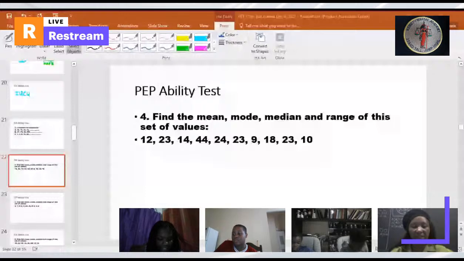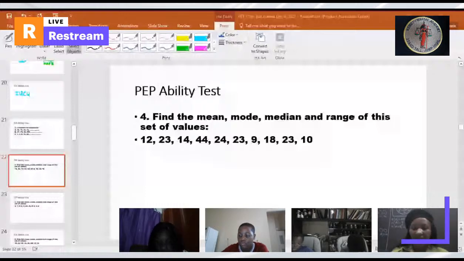Miss, I got 18 and 23. There are 10 numbers, so the number couldn't be in the middle. So we'd have 9, 10, 12, and 18 and 23 would fall in the middle. And then we'd have 22, 23, 24, and 44. So 18 and 23 would fall in the middle. We add them and divide by 2, we get 41 divided by 2, which is 20 and a half.